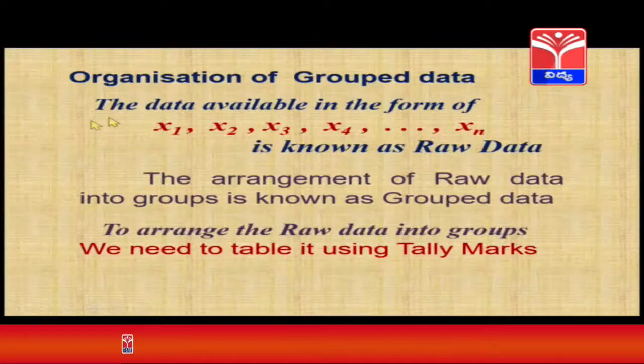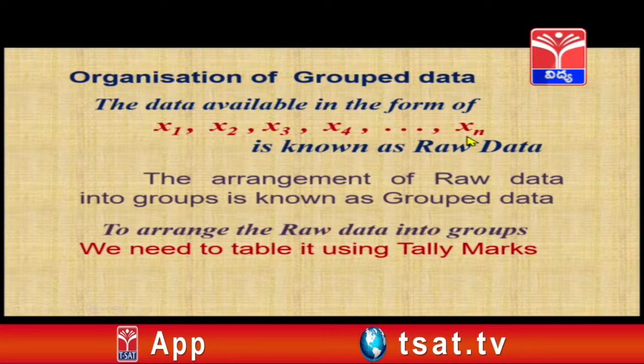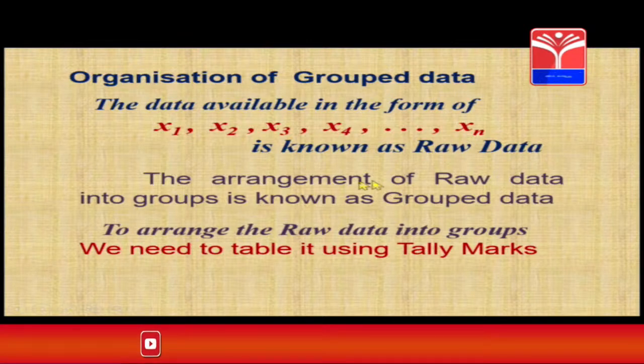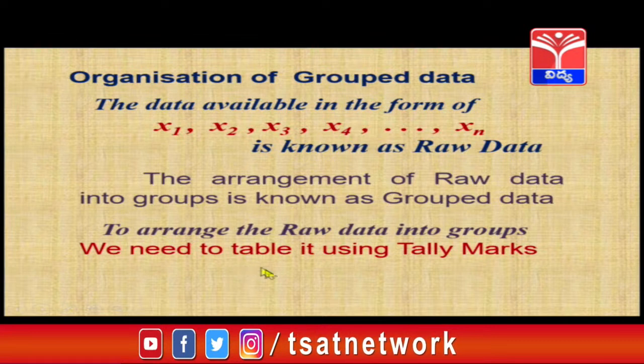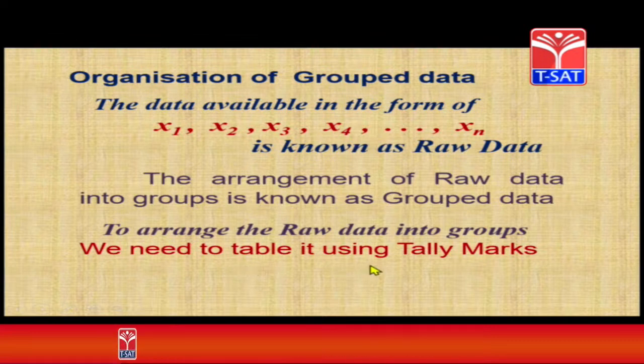Now, please see the data available in the form of x1, x2, x3. This is called the symbolic form of data we are using. This is called raw data, and the arrangement of raw data into groups is known as grouped data. To arrange the raw data into groups, we need to table it by using tally marks.